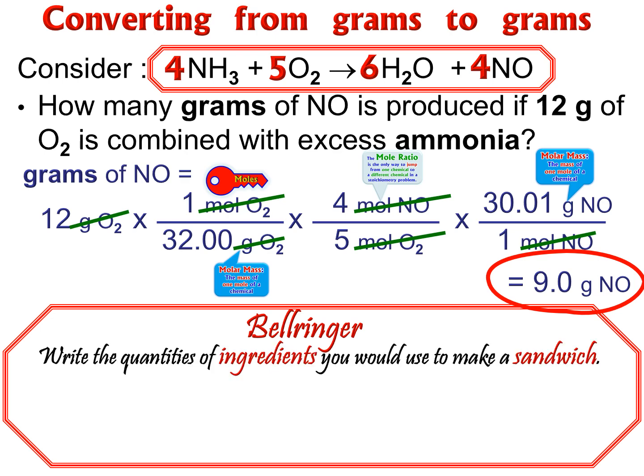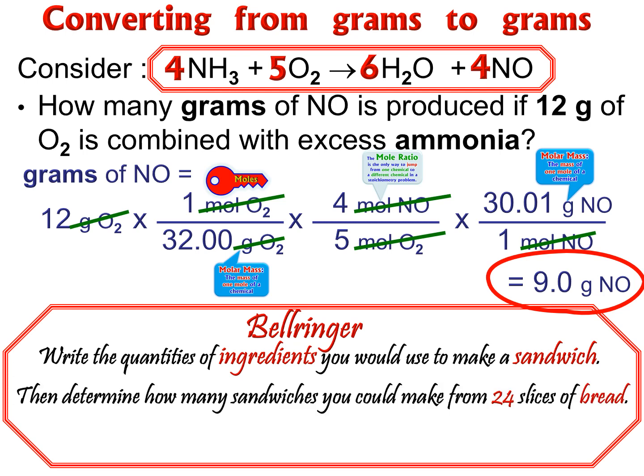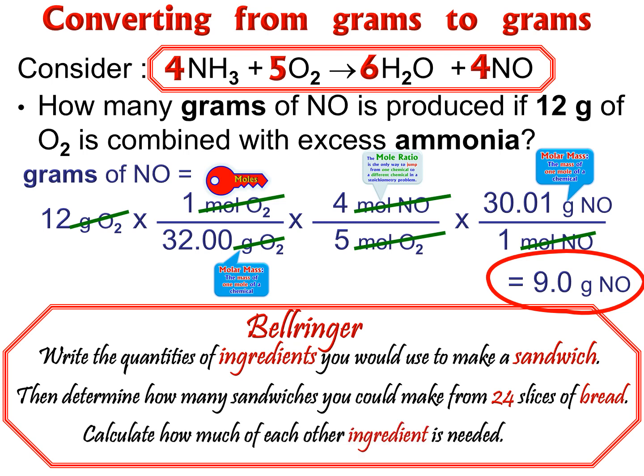Write the quantities of ingredients you would need to make a sandwich, like a chemical reaction where the ingredients make a sandwich as the product. Determine how many sandwiches you could make from 24 slices of bread. Calculate how much of each other ingredient you would need to make those sandwiches.